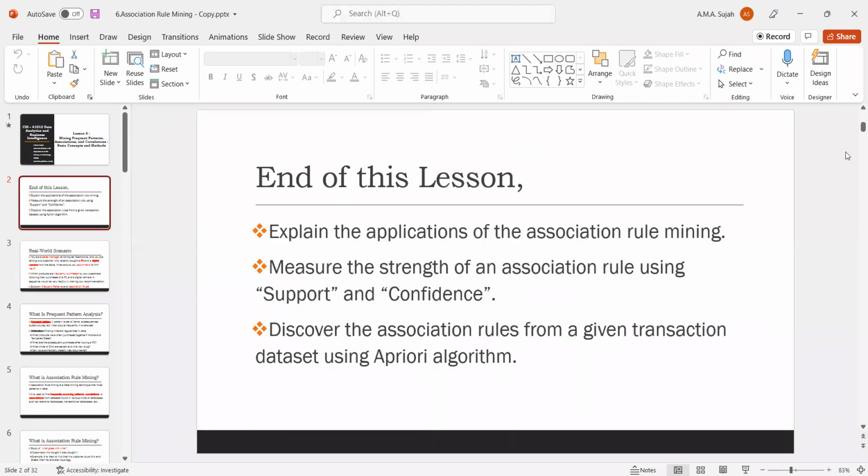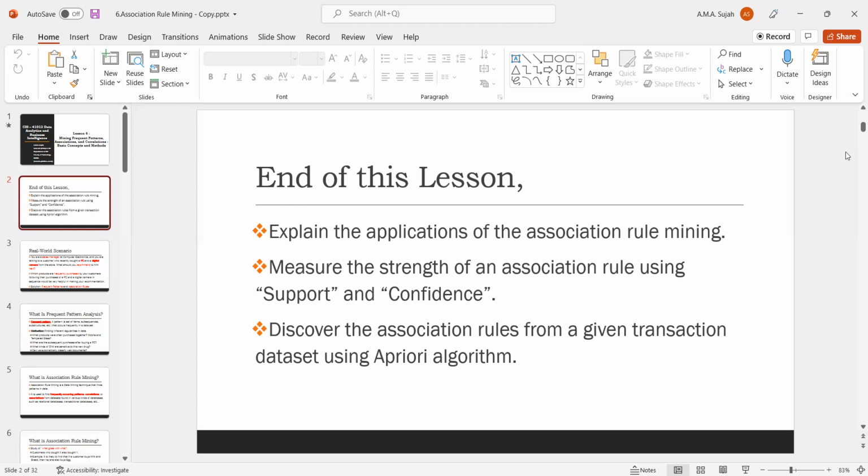If you follow along with me, you can understand these concepts clearly. You can explain the applications of association rule mining, where people apply it in their businesses, and what support and confidence are. These two measures are very important for finding association rules.